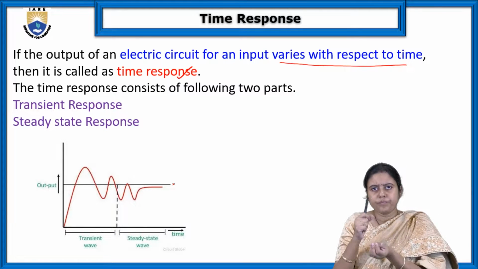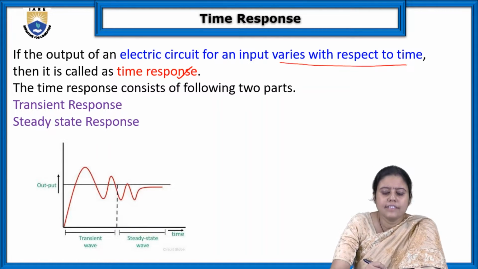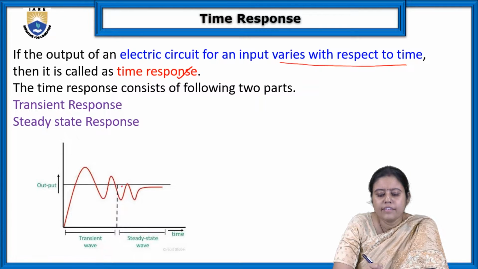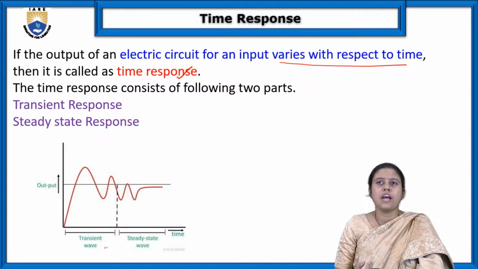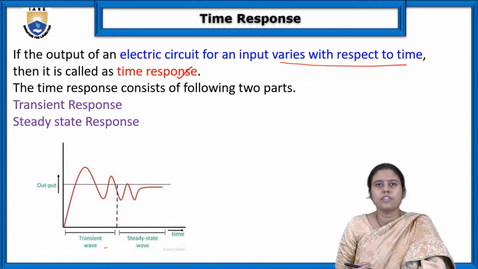This is the transient for switching on and switching off, when it is changing, and when it becomes constant, this is called the steady state. So the time response is of two types: one is called the transient response, one is called the steady state response.